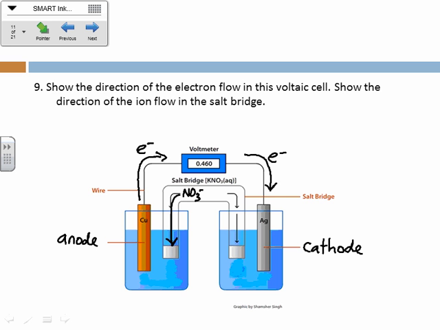And again, we could just pick the other one over here. It's going to be the K plus because that's the other part of the salt bridge. But as the electrons flow into the cathode, this would have a tendency to get more negative over time. But the K plus can flow into that solution and neutralize it. So that's the direction of the ion flow.